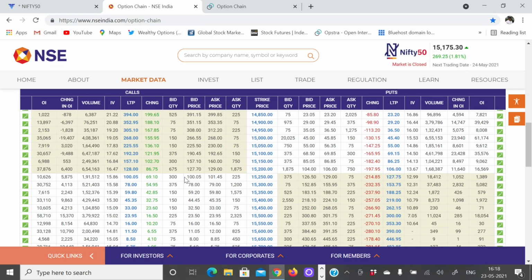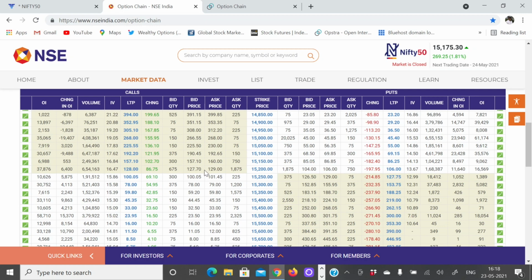You can see the difference between the bid price and ask price for the 15,200 call option is about 1 rupee 30 paise, which is fine. And we are looking at this option chain after the markets are closed. During market hours you will not see a difference of more than 15 or 20 or 30 paise.